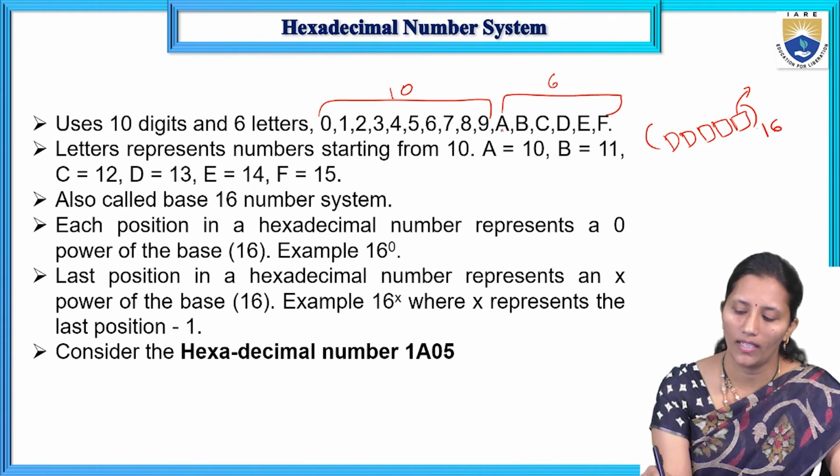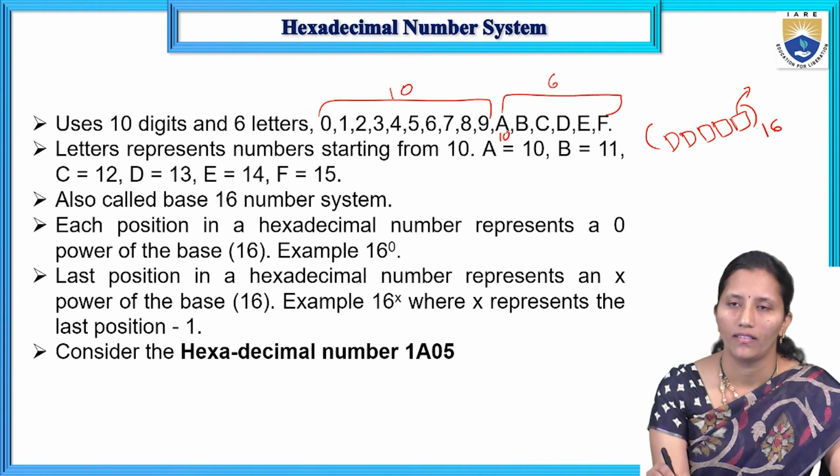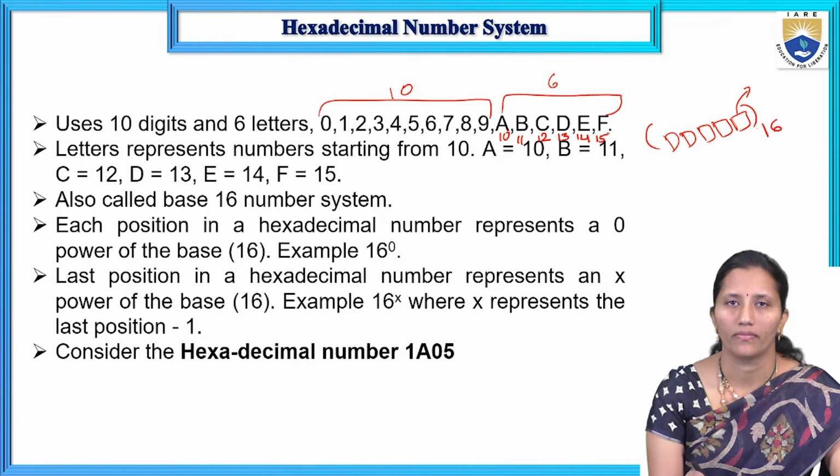Okay, so after 9 we are going to get 10. The 10 in the hexadecimal number system is represented by A, 11 by B, 12 by C, 13 by D, 14 by E and 15 by F.